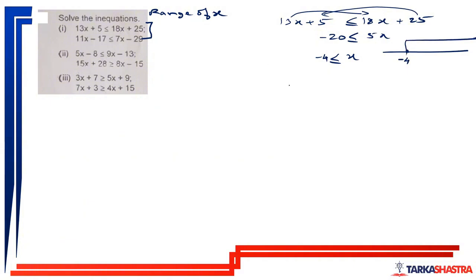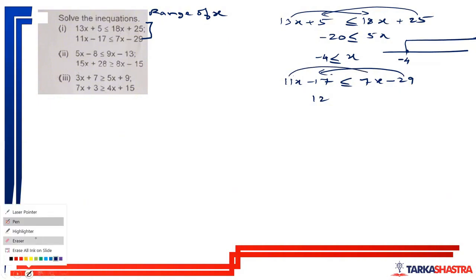Okay. Now try to solve the second inequation, which is 11x minus 17 less than or equal to 7x minus 29. Wait, we can solve it in a better way.